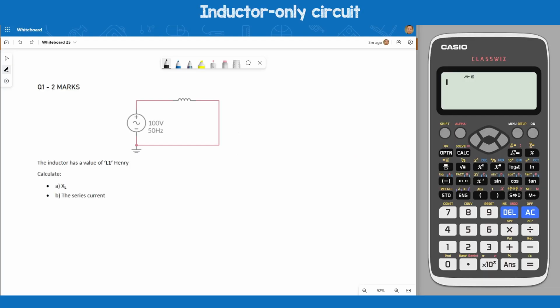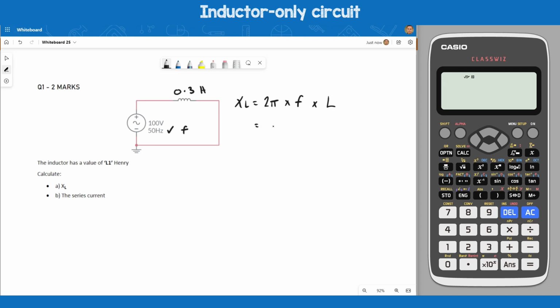So question 1 is just a simple inductor with an AC supply, and we're asked to find the inductive reactance XL and the series current. So XL is equal to 2 pi times the frequency F times the inductor value L. So if we're told that the frequency is 50 Hertz, I'm going to make the inductor value 0.3 Henry.